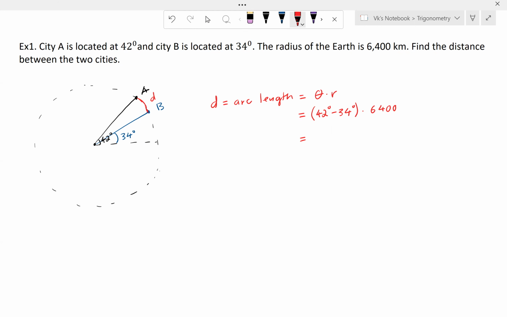Oh, you have to be careful. You will not get the answer because if you plug this directly in the calculator, it will be a number that's in degrees. So what we need to do is convert it to radians.